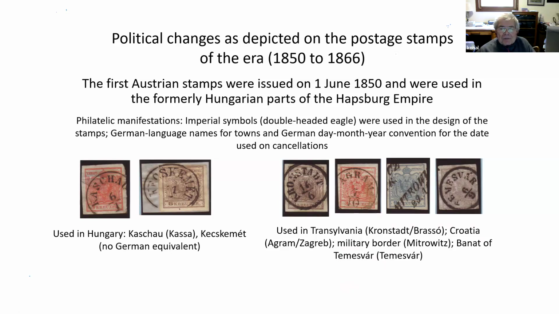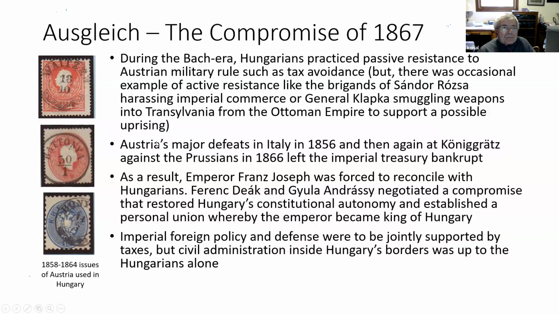And then Temesvar was in the Temesvar-Banat region. The stamps on the left show the different designs for the subsequent issues of 1858 through 1864. And in this case, there was an imperial symbol used again, but the other 2 issues showed the profile of the emperor.